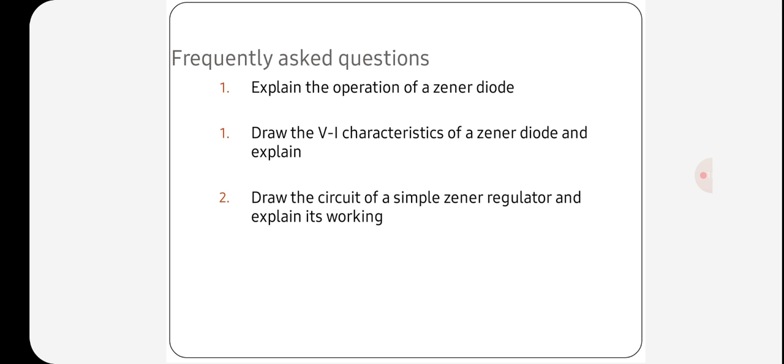We will also discuss the transistor as a switch, the transistor as an amplifier, and transistor configurations, that is common base, common emitter, and common collector configurations, a comparison of these three, and applications of transistors.